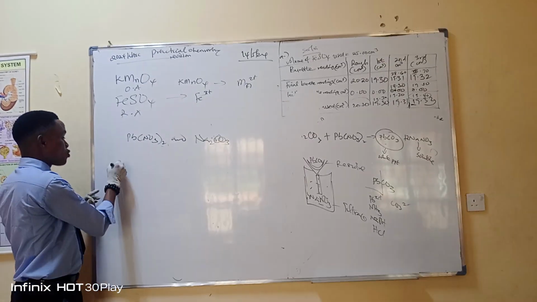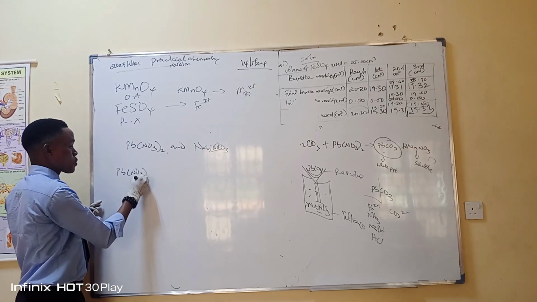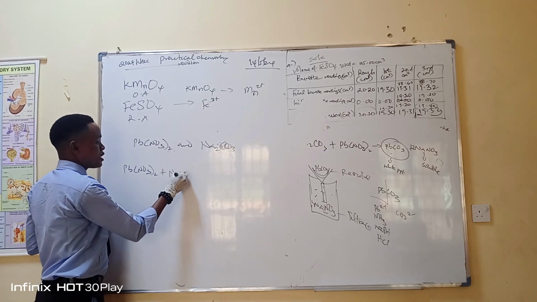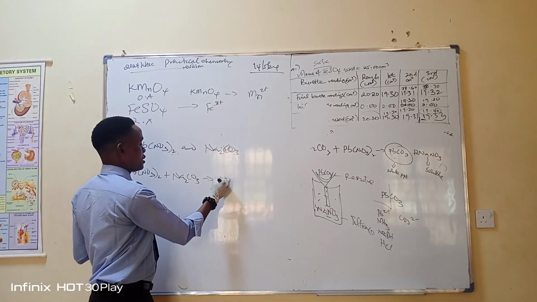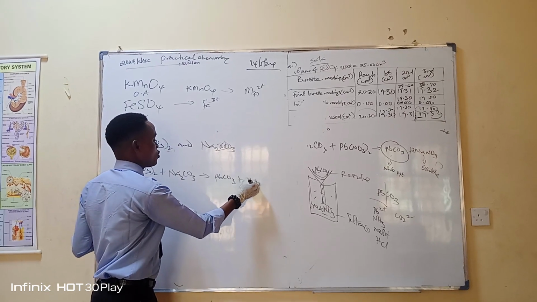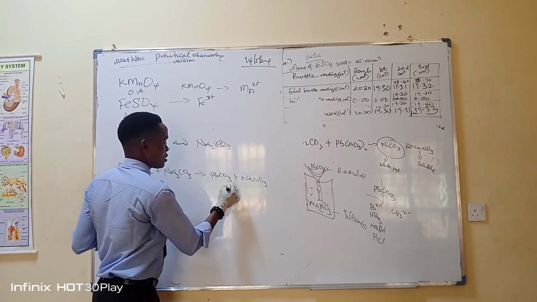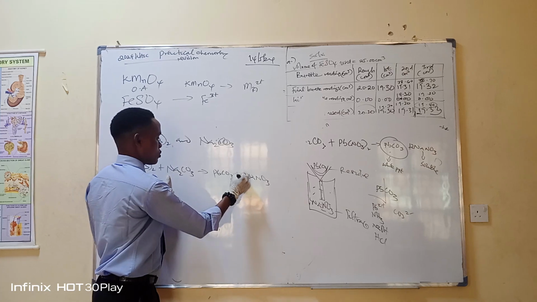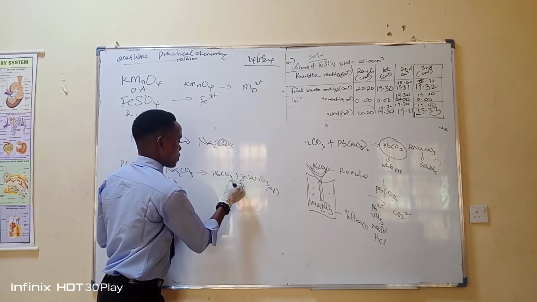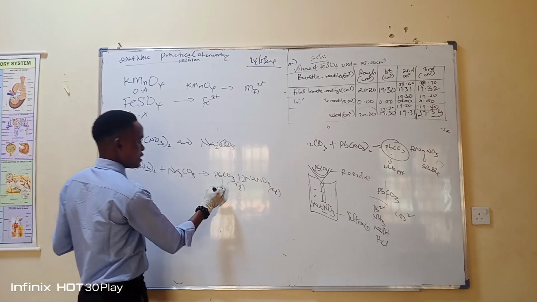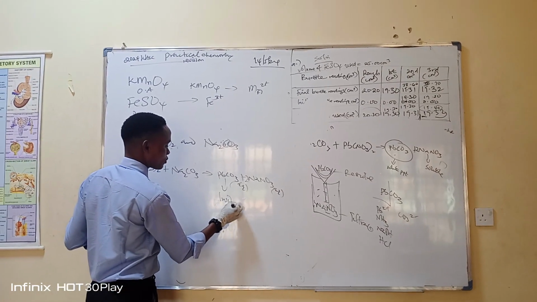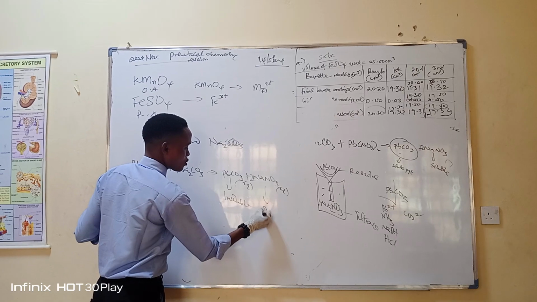If you combine the two of them, we are going to have lead carbonate plus sodium nitrate. Balance this. Lead carbonate is insoluble, and sodium nitrate is soluble.